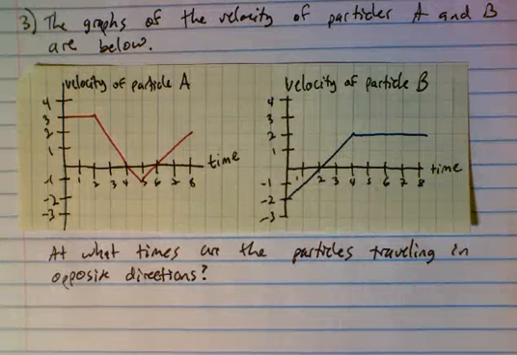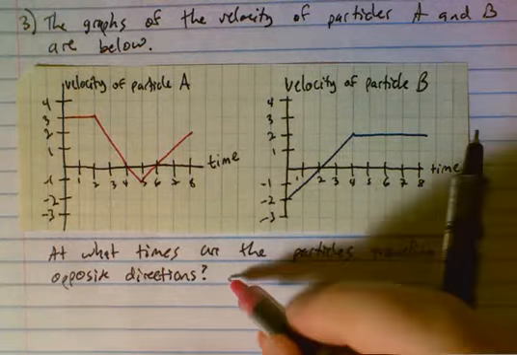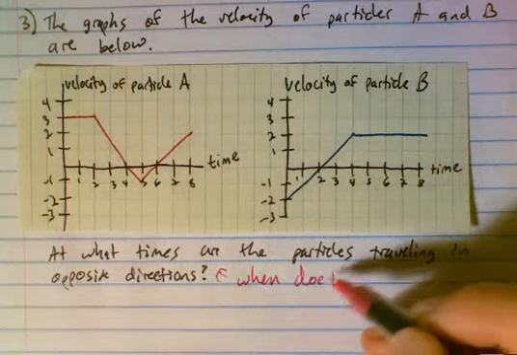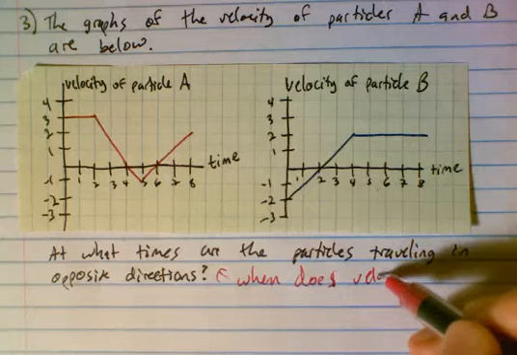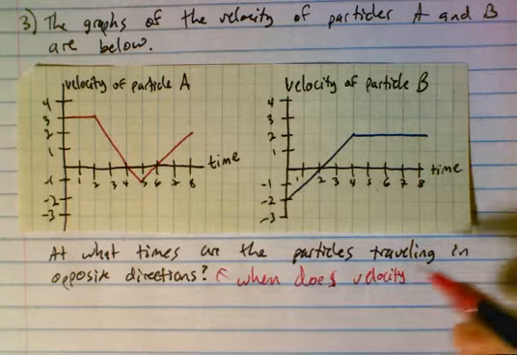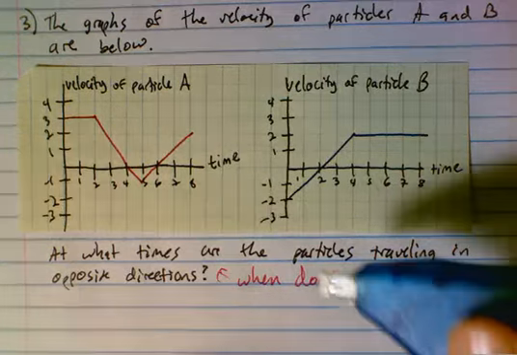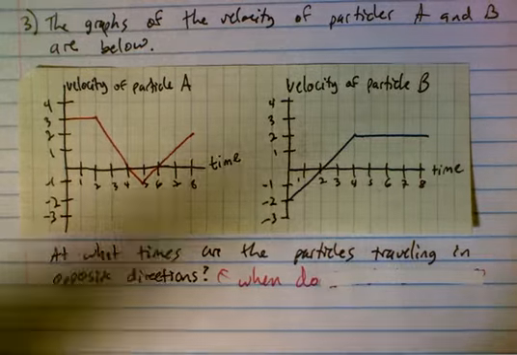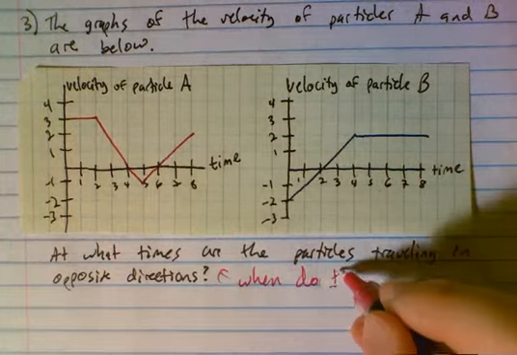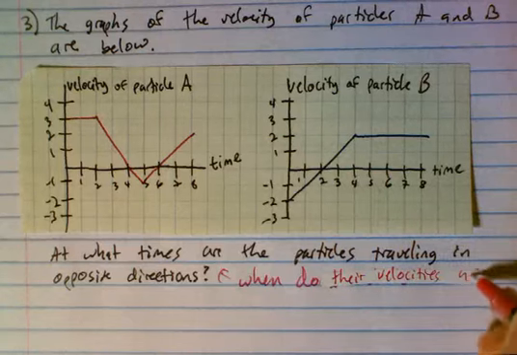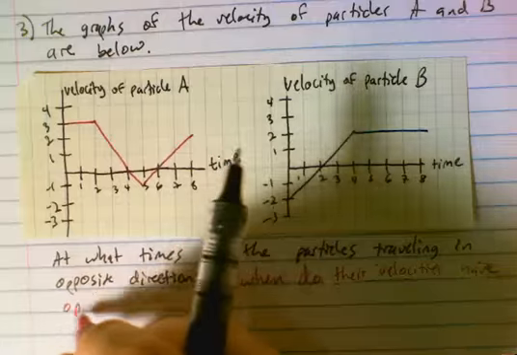So direction, that's talking about velocity. What it means is, when do their velocities have opposite signs? Let's write that a little more neatly. When do their velocities have opposite signs?